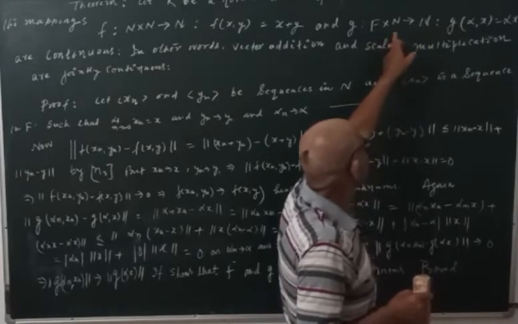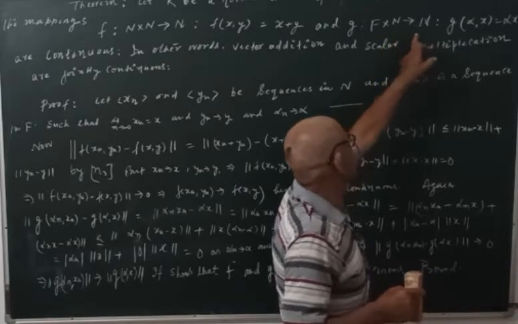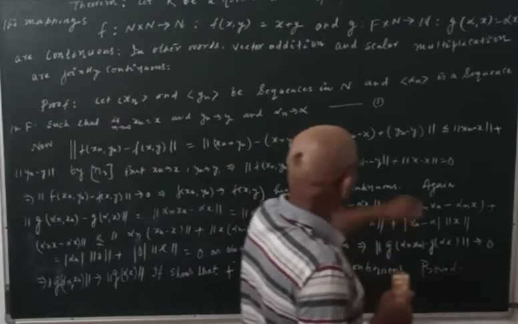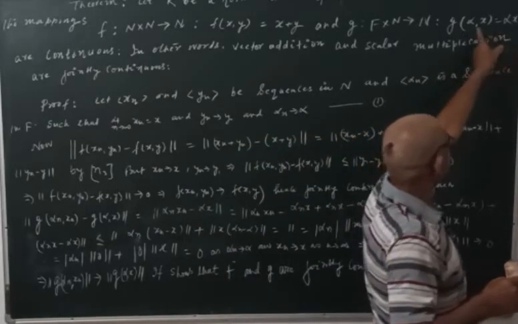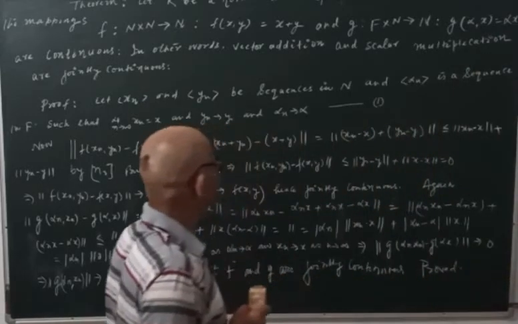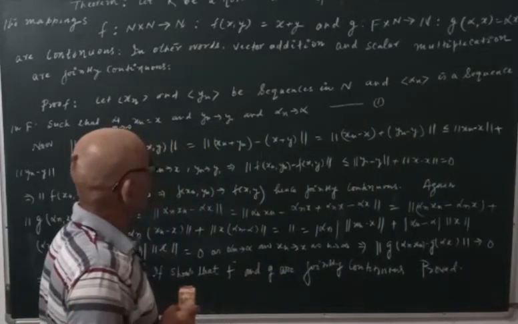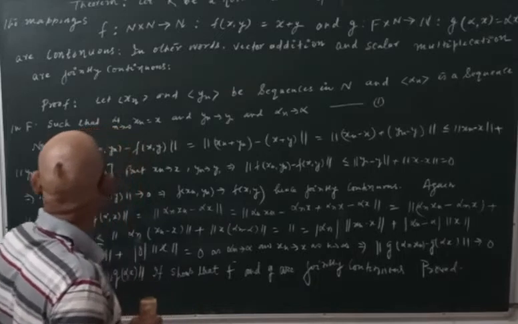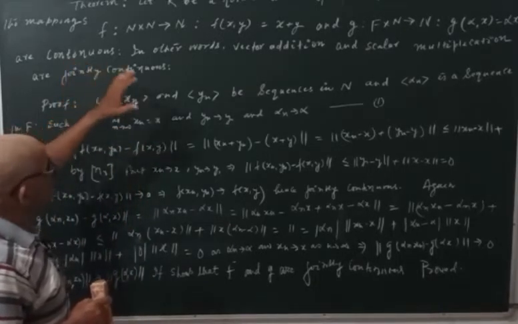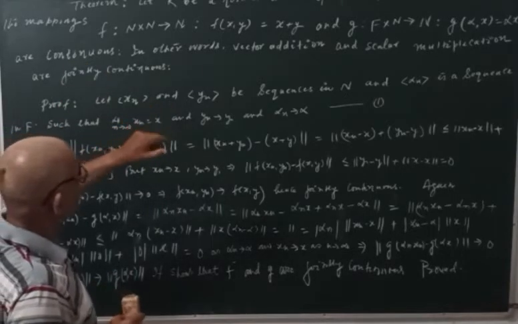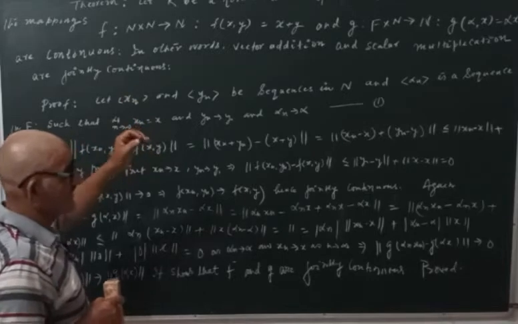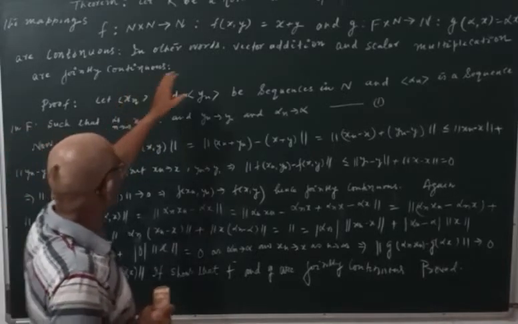This product space gives the result as an output, the element of n, which is defined as g(alpha, x) equal to alpha into x, where alpha is the member of F and x is the member of n. Are continuous. Are continuous is jointly continuous. Why? In jointly continuous, we take two product spaces, and here they are taking x and y.